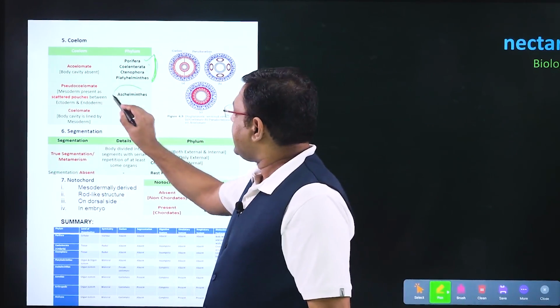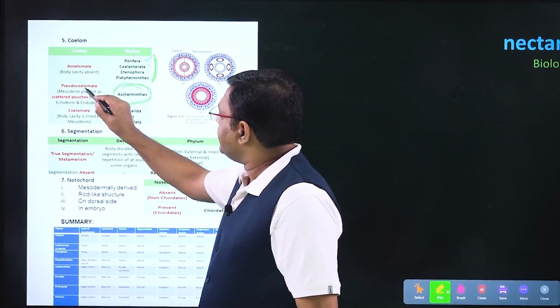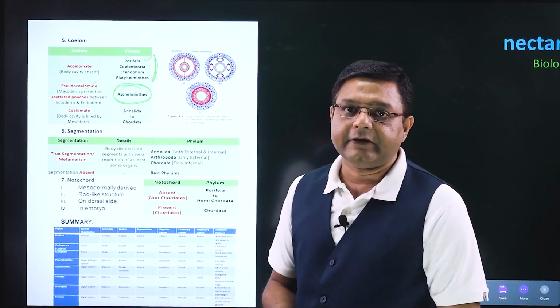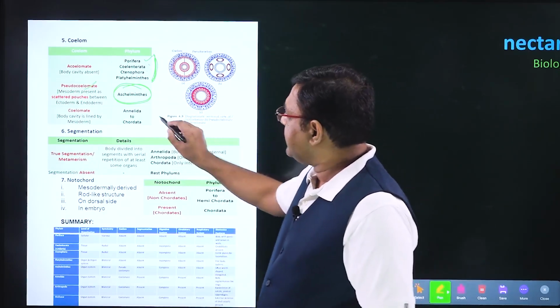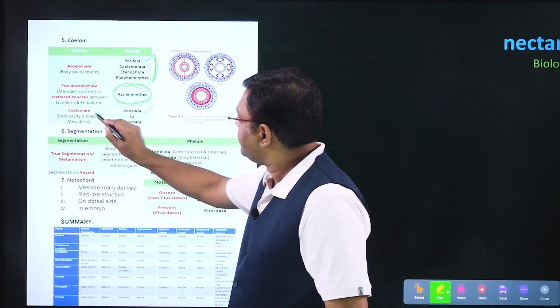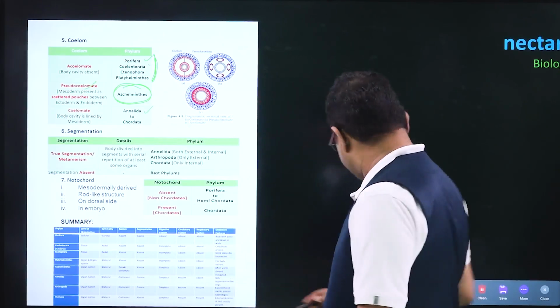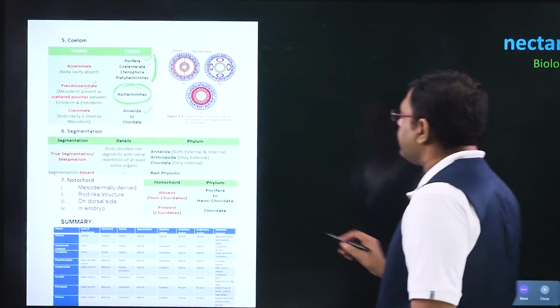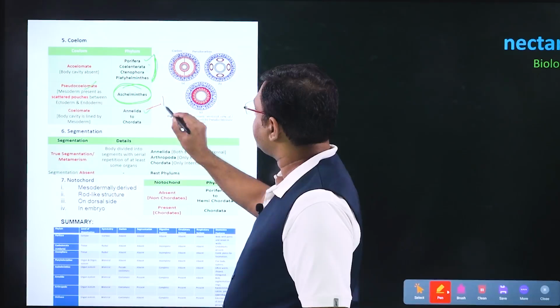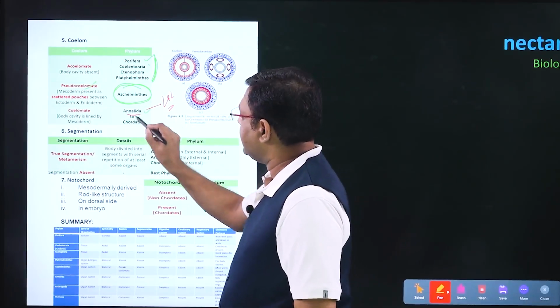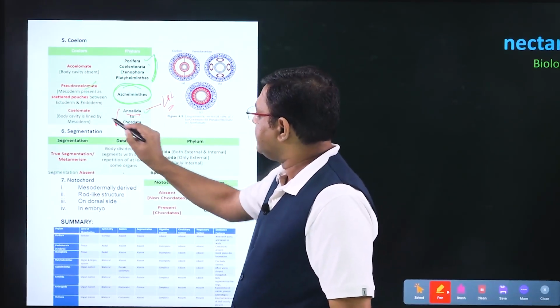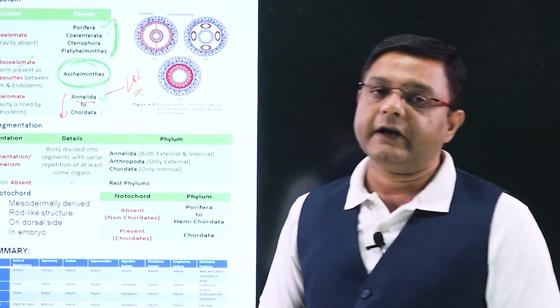Then phylum Aschelminthes is the only phylum which has the pseudocoelomate condition, and after this it will be Annelida, from which the coelomate condition will start. So the first phylum that has coelom is Annelida. Now from Annelida, this coelomate condition will continue till Chordata.